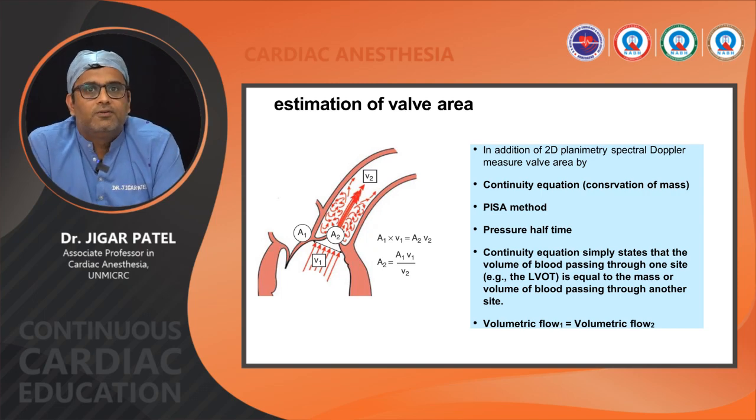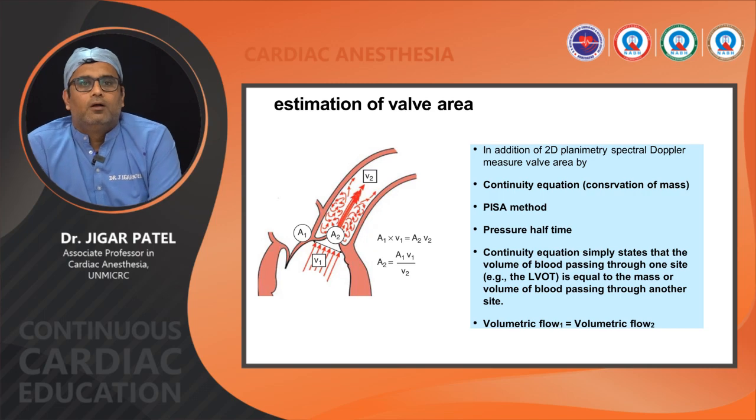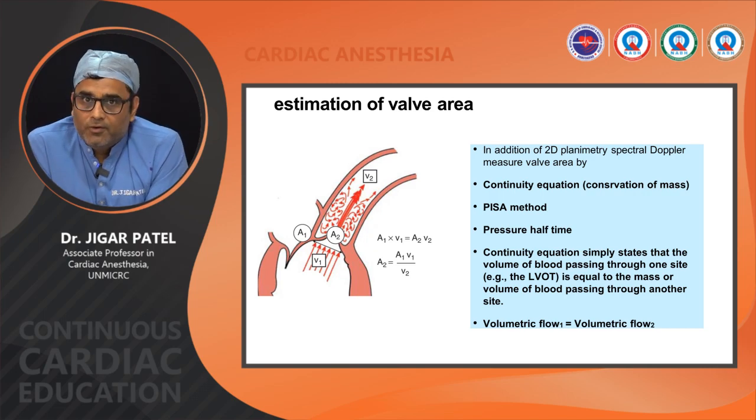The continuity equation states that the volume of blood passing through one site, like the LVOT, is equal to the volume of blood passing through another site, which means what comes in must come out. So it is based on volumetric data.